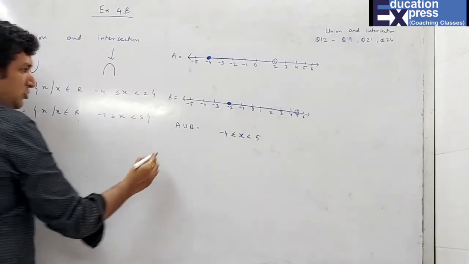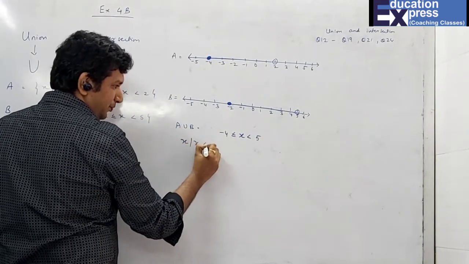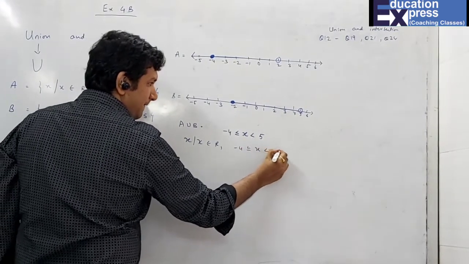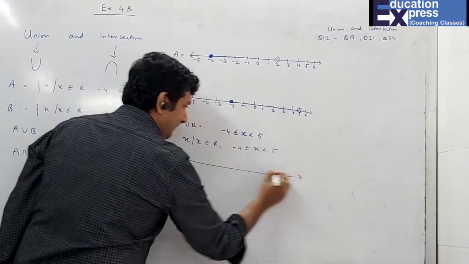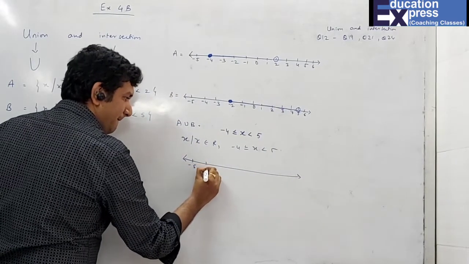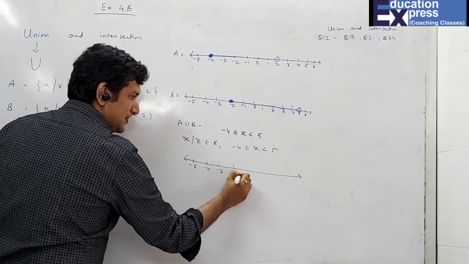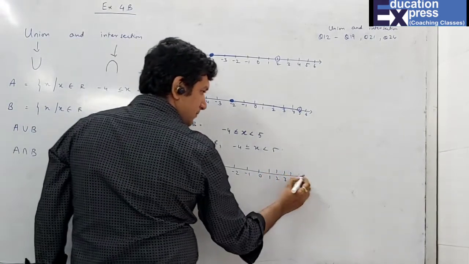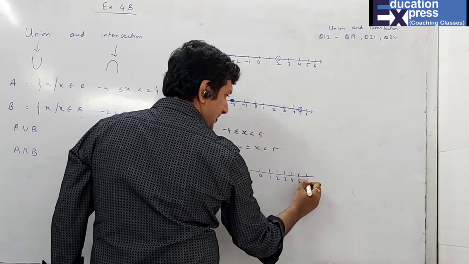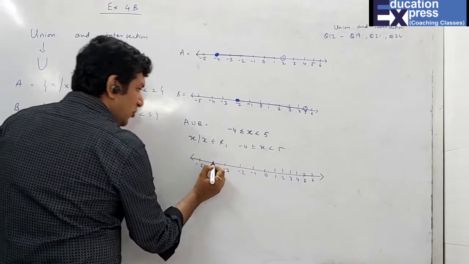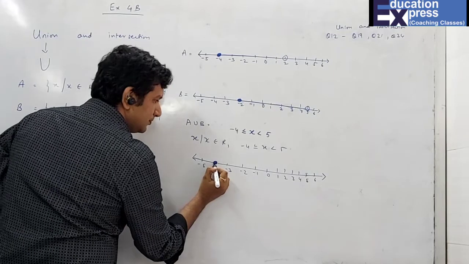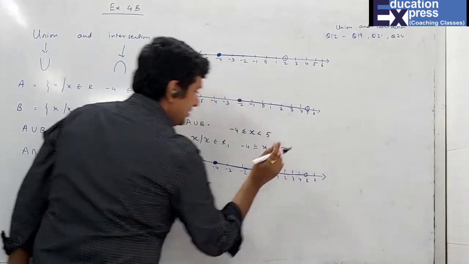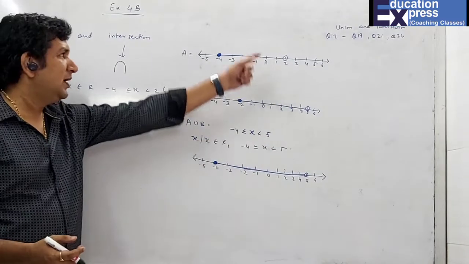So that means you got your A union B. Now you can represent it on the number line. -4 included, 5 not included. That means everything from -4 to 5 becomes the union.